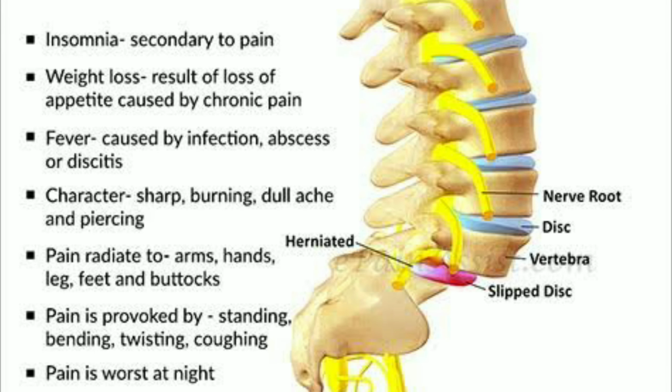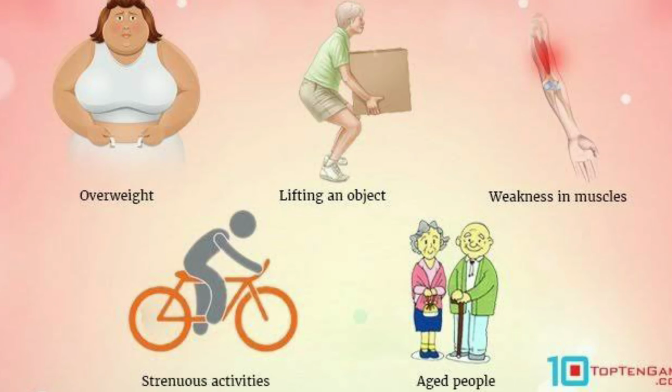Now let's talk about the causes of this slip disc. Accidental injury or trauma or any kind of blunt injury, continuous sitting habits or sedentary habits, squatting position, driving continuously, or any kind of torsional movements can lead to the slip disc.